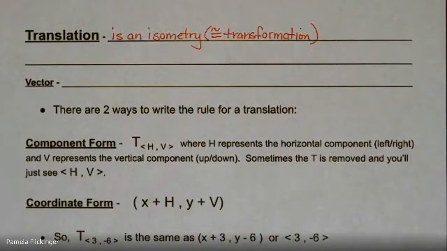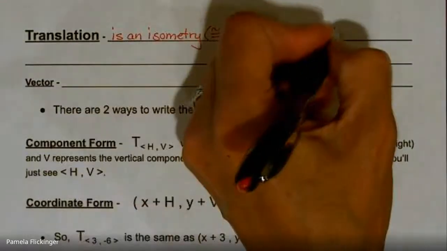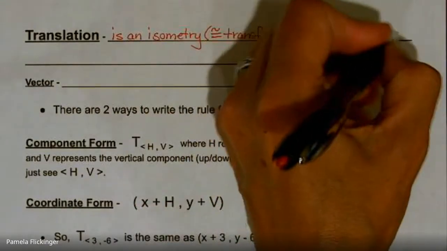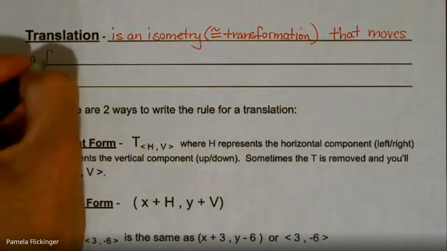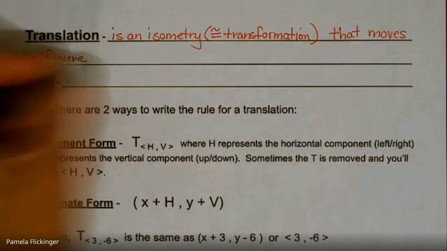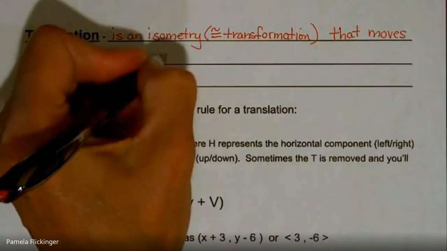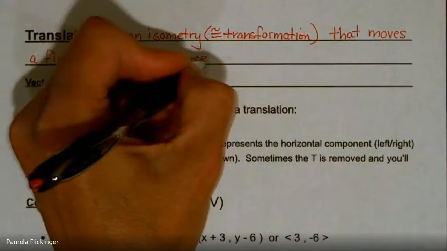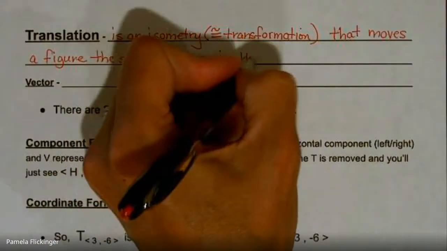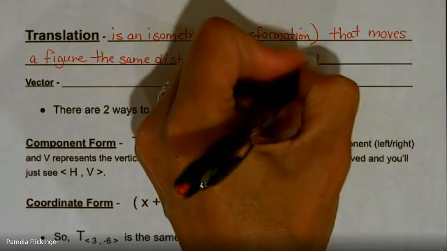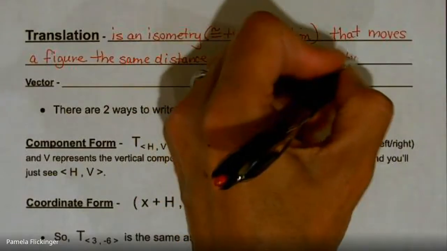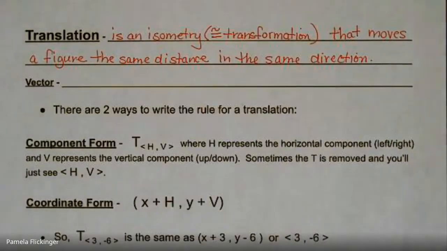So a translation is an isometry that moves a figure the same distance in the same direction. All right, so it's moving a figure the same distance and in the same direction.